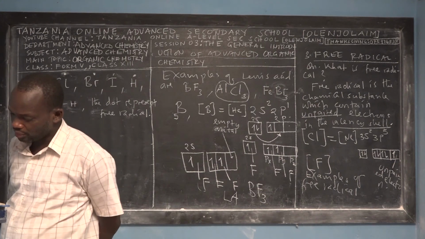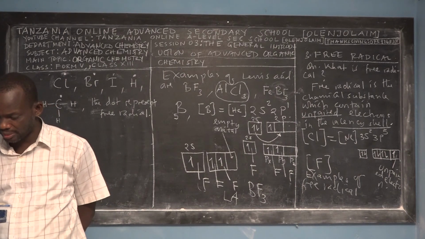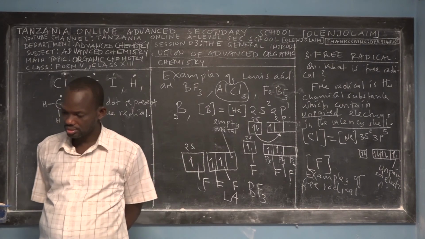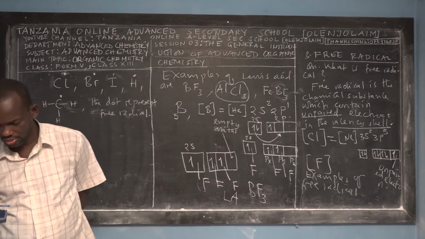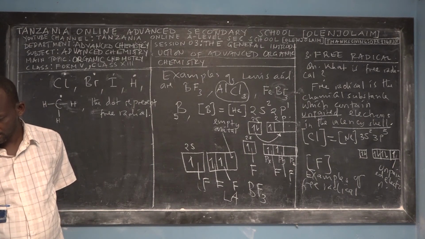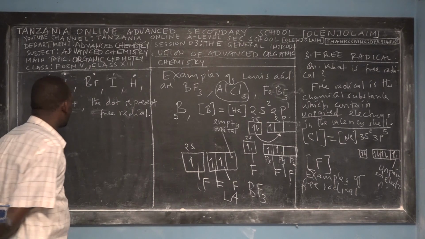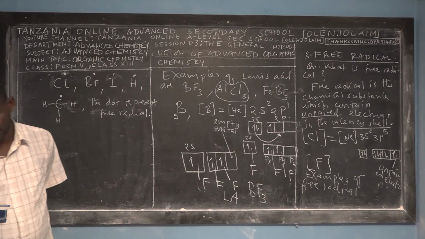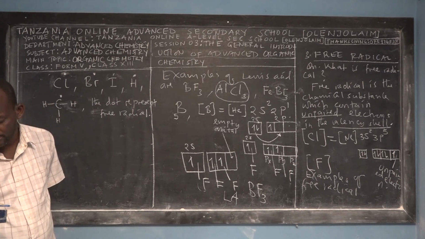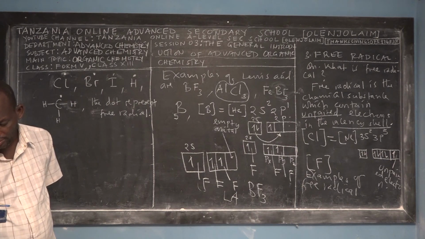Free radicals are unstable and they don't exist as ions, as they do not attain the stable electronic structure of the noble gases.